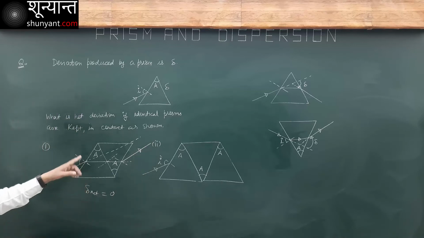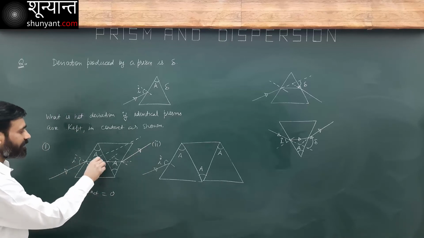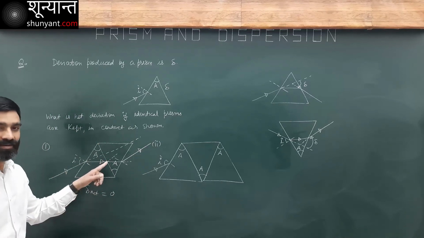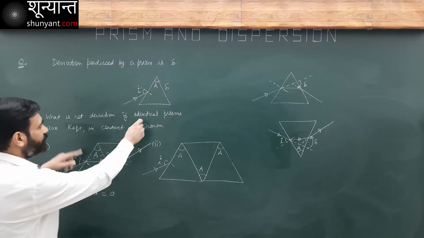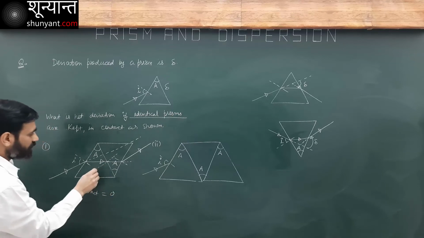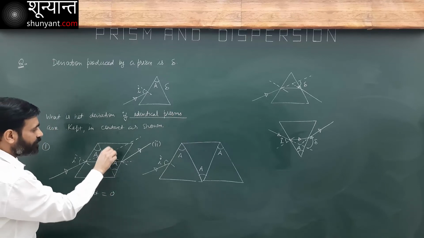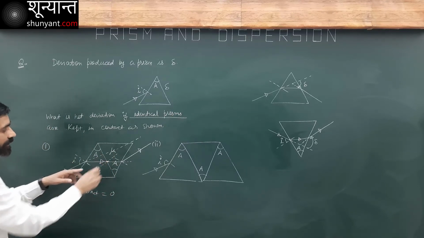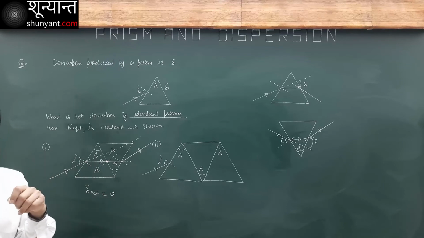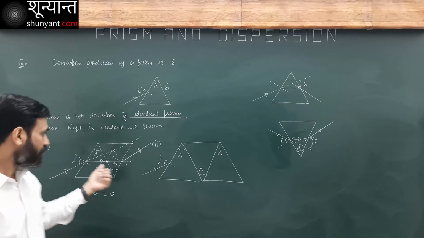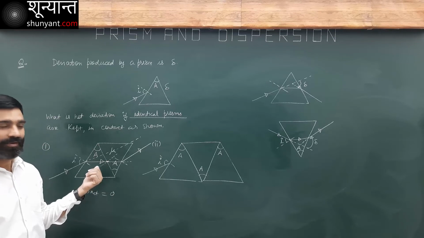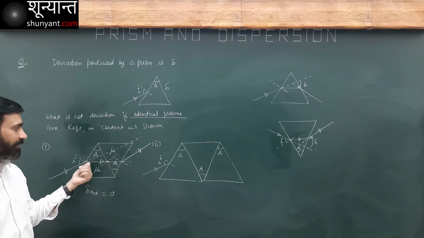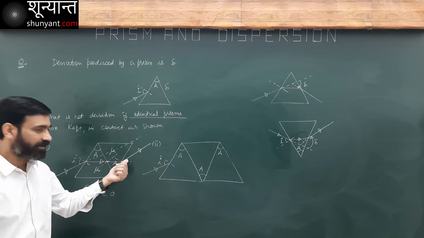It is because, you see, at this point refraction will happen. Do you think it will happen? Both are identical prisms, so whatever is mu here, it will be the same mu here. At this point, the light does not feel any change in medium. So it is going to pass undeviated.